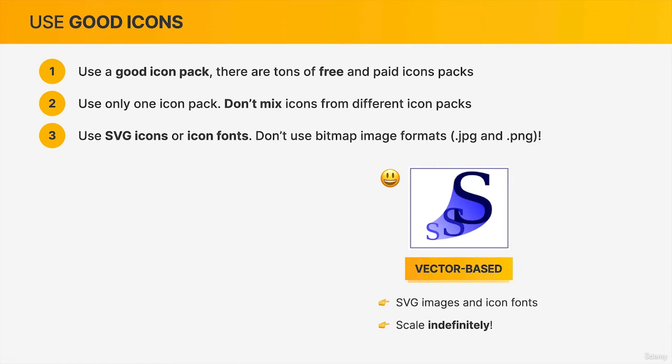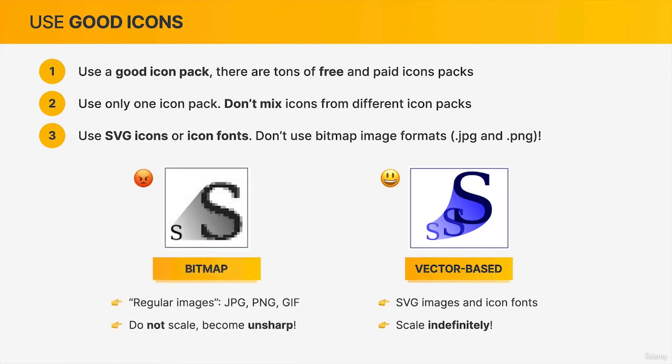On the other hand, we have more regular images like JPEGs or PNGs. We should never use these formats for icons because we cannot scale them. They become unsharp as we make them bigger. This is mainly a problem on high definition screens where there is a scale factor of 2x.